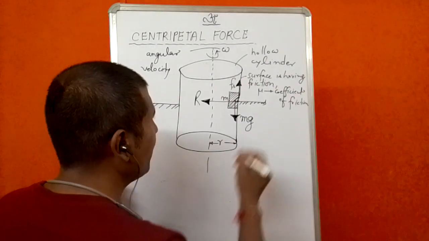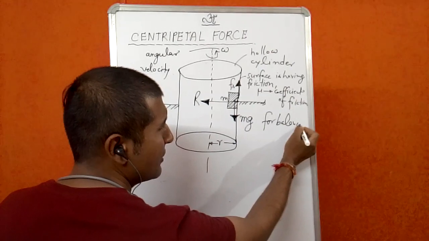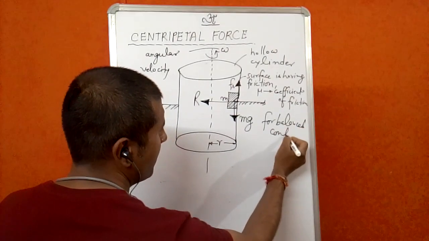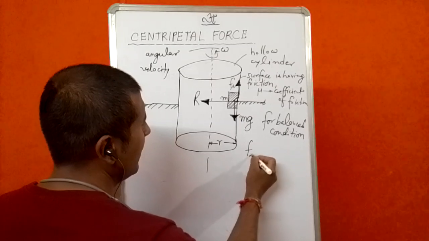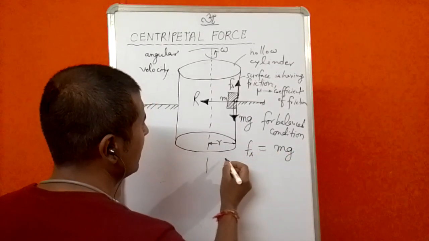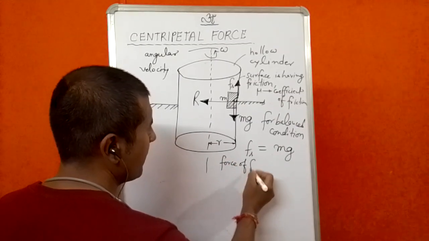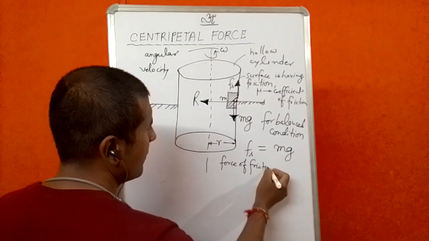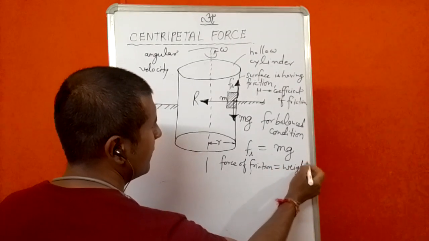So, for balanced condition, you can see that Fs is equal to mg, means the force of friction must be equal to the weight of the body, correct?